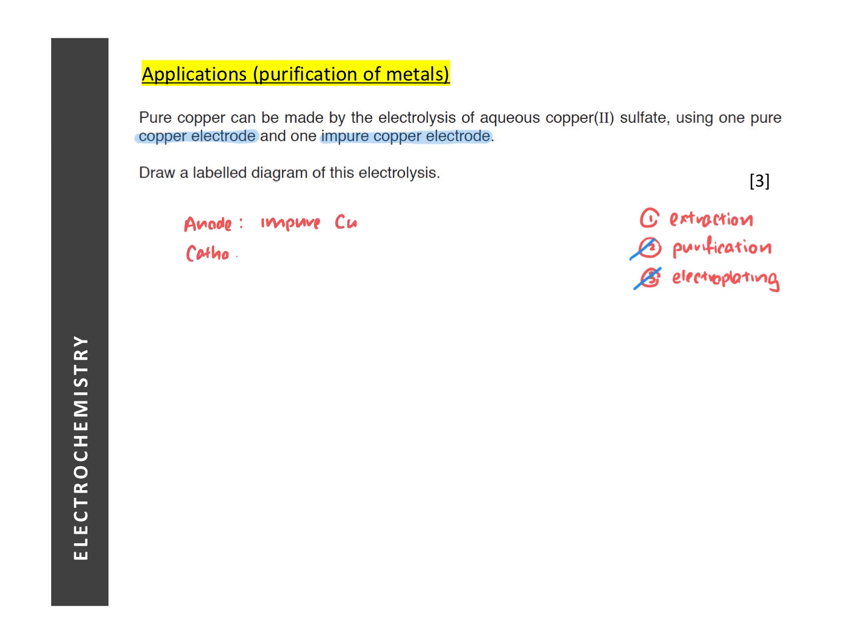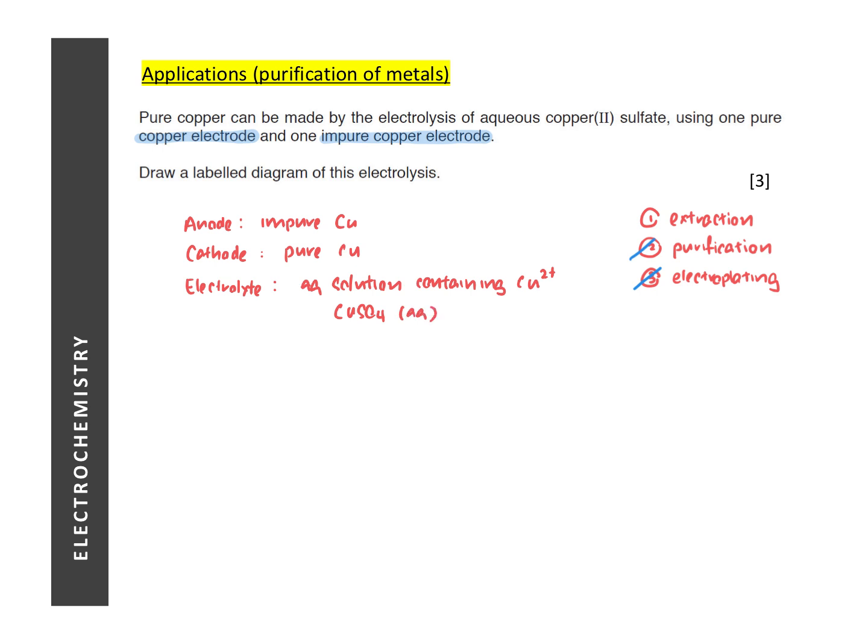At the cathode you use the pure copper, and your electrolyte must be an aqueous solution containing the metal ion of the metal that is being purified. So an aqueous solution containing copper 2 ions. So you can actually use aqueous copper 2 sulfate.